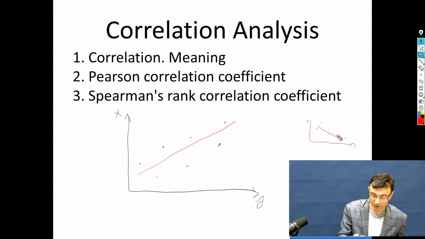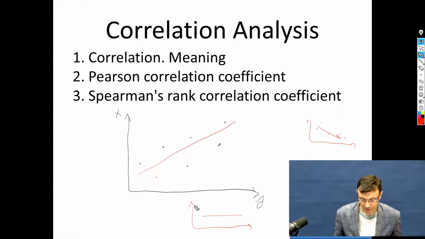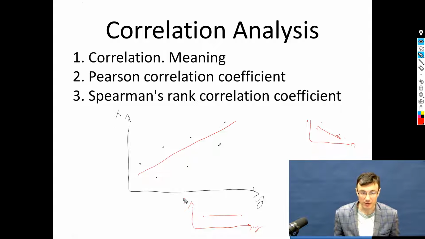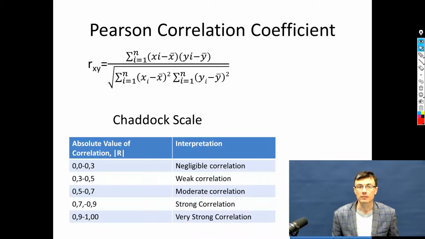And if there is no dependence, we'll have such a line whose tangent is parallel to our x axis. So let's go to examples and see how it works.